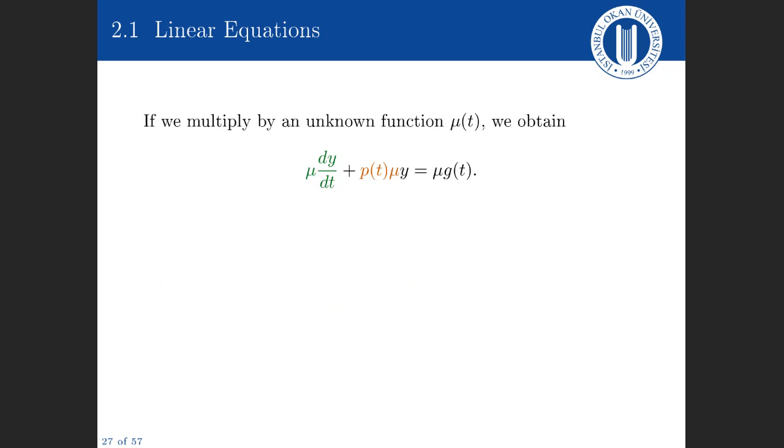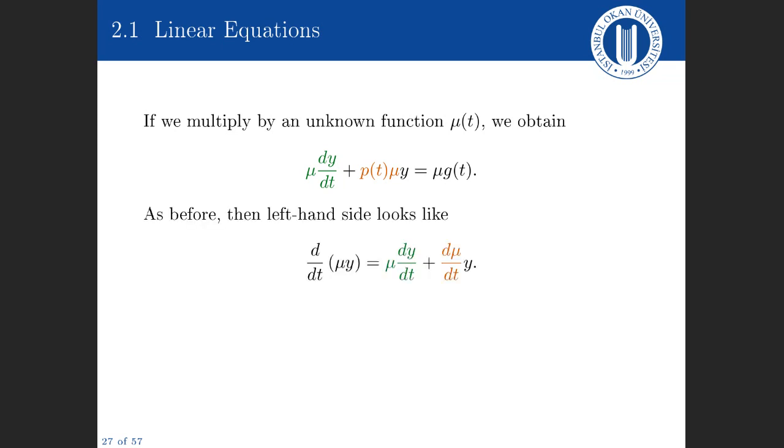So how can we find it? We can do what we did before. At the moment, we don't know the function mu t, so we'll just leave it as mu t. Take the differential equation and multiply every term by mu. And we're going to be looking at the left side.